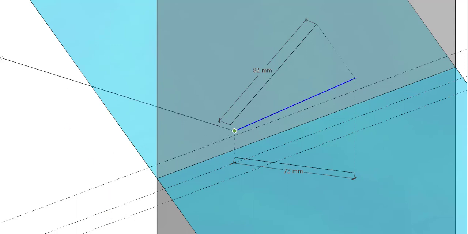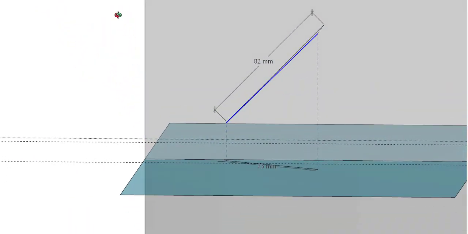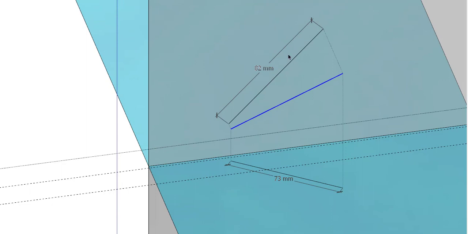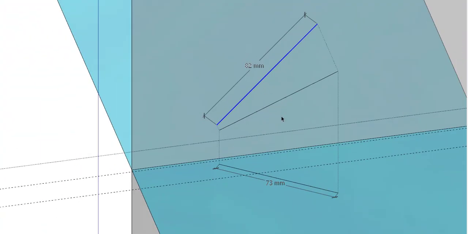If I project it to the vertical plane, that is, take its front view, the length of that projection is 82 millimeter.